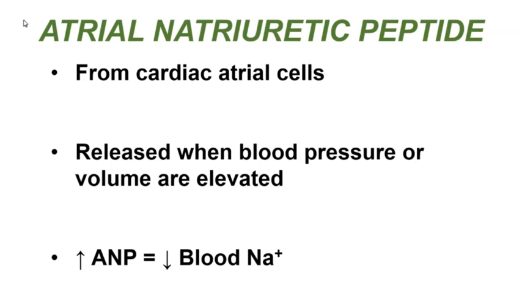Finally, we'll review what atrial natriuretic peptide does in terms of its hormonal effects. Remember that atrial natriuretic peptide is made by the cells in the atria of the heart.